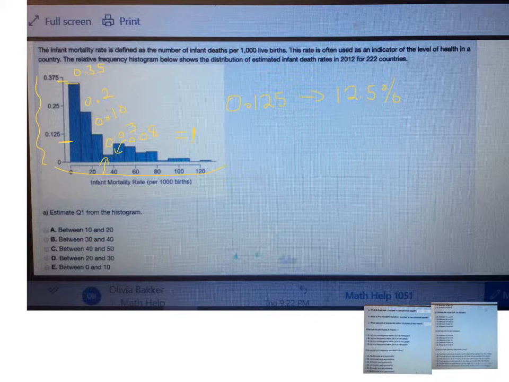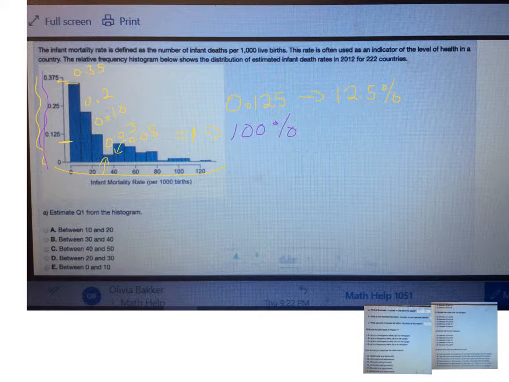And that 1, what that represents, sorry, the yellow is hard to see, is 100% of your data. So 1.0 is the same as 100% in terms of the probabilities that are being displayed here, okay? And that actually is what these values represent, the probabilities out of this population that your infant mortality rate will fall in any of these areas.